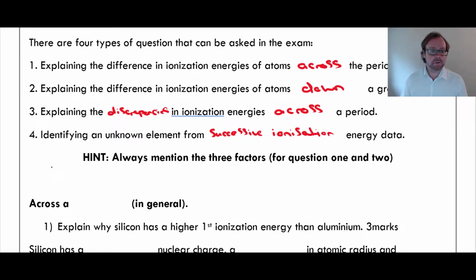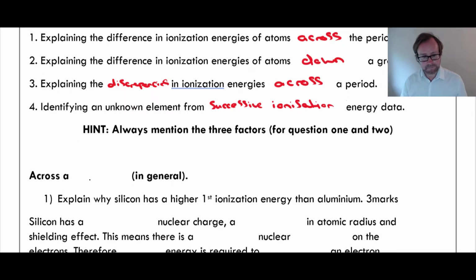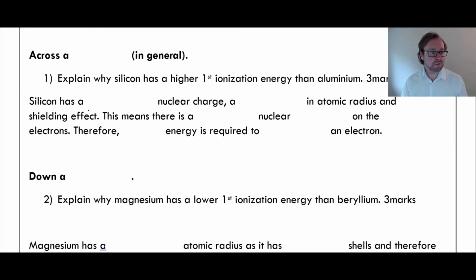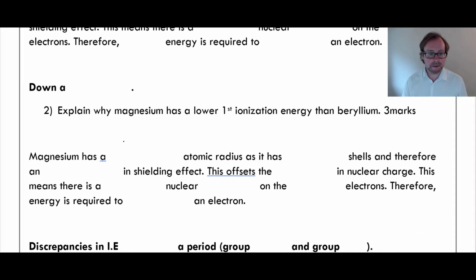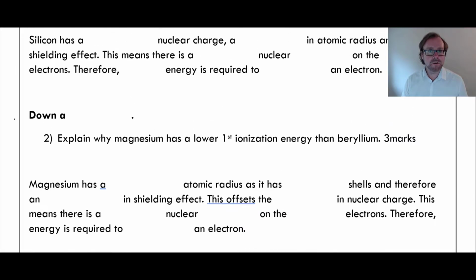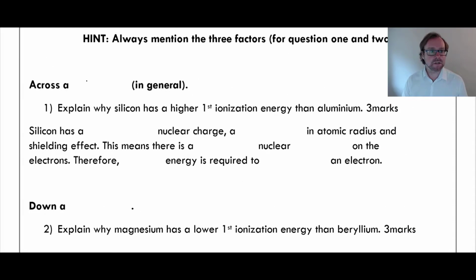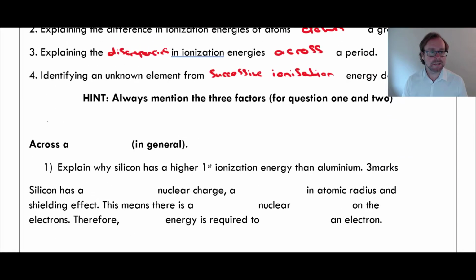Always mention the three factors for questions 1 and 2: our nuclear charge, our atomic radius, and our shielding effect. Now, I've got some script answers, so it's fill in the missing blanks. If you can remember this, you should be able to answer any questions about across a period and down a group.